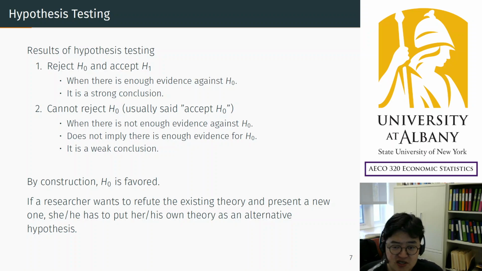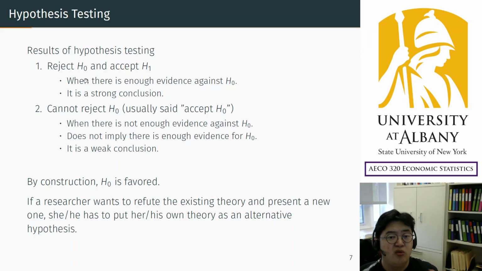But what is interesting is, again, this decision is not exactly at a comparable level, because when you reject the null hypothesis, this is possible. You can reject the null hypothesis only when there is enough evidence against the null hypothesis.